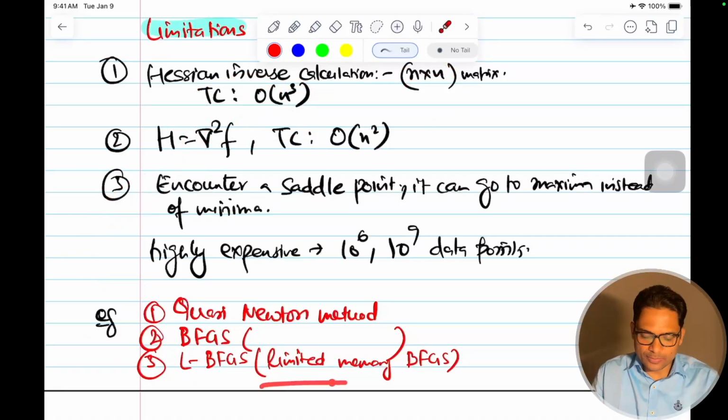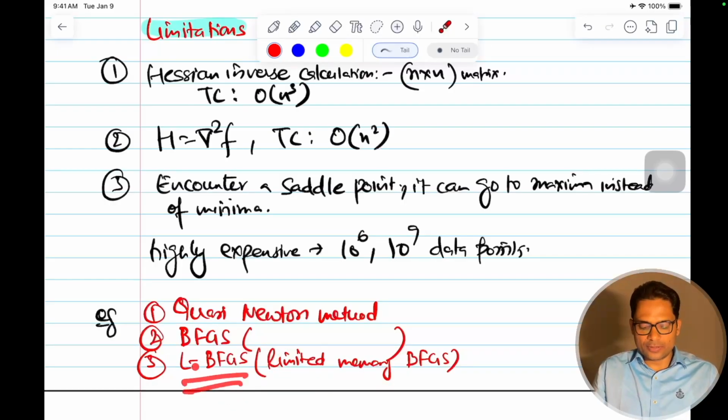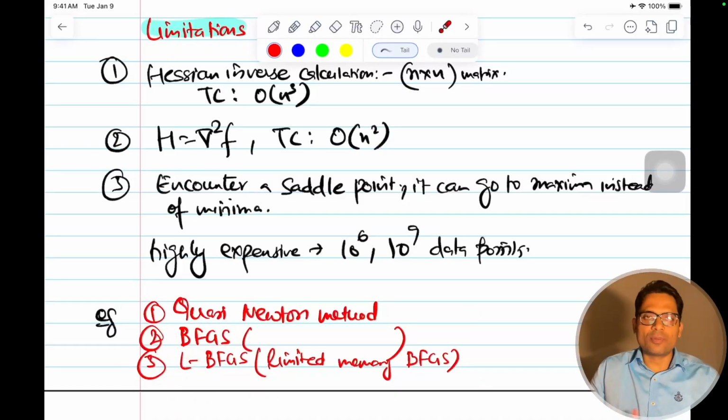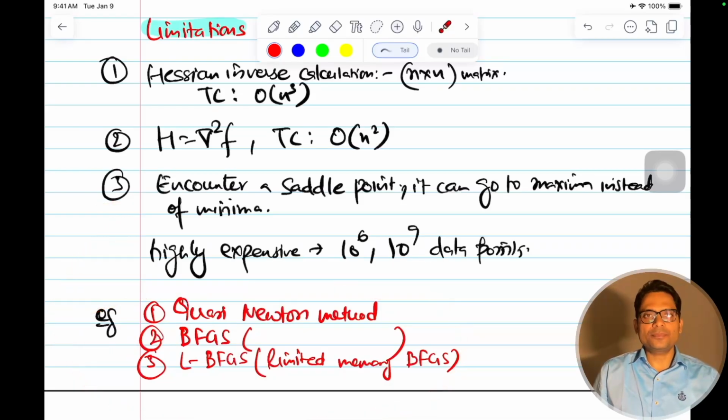So they use some approximation to use limited memory. This is an enhancement on top of BFGS, called limited memory BFGS. So it is not exactly the Newton method, but some form of Newton method inspires other algorithms, and it is being used.